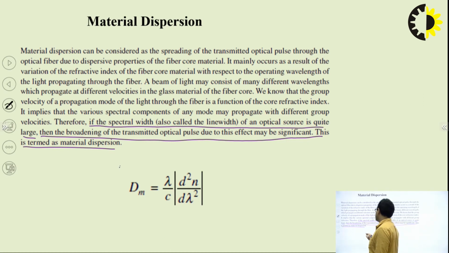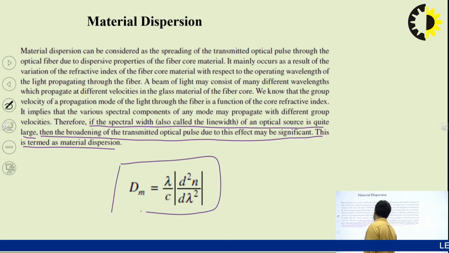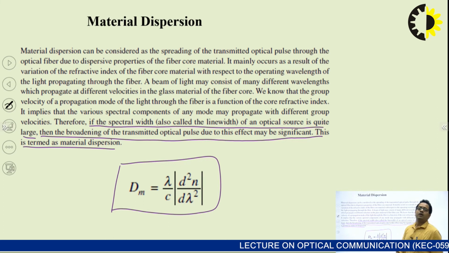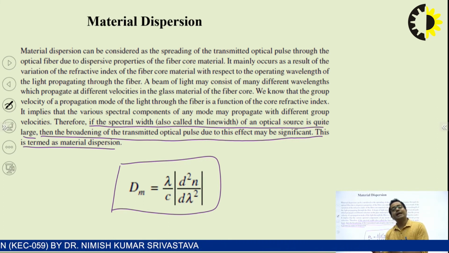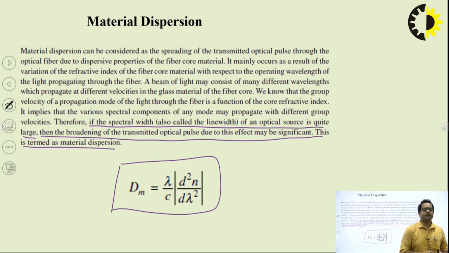Now the formula which tells you the magnitude of the material dispersion is lambda by c times the modulus of the double differentiation of refractive index with respect to wavelength.